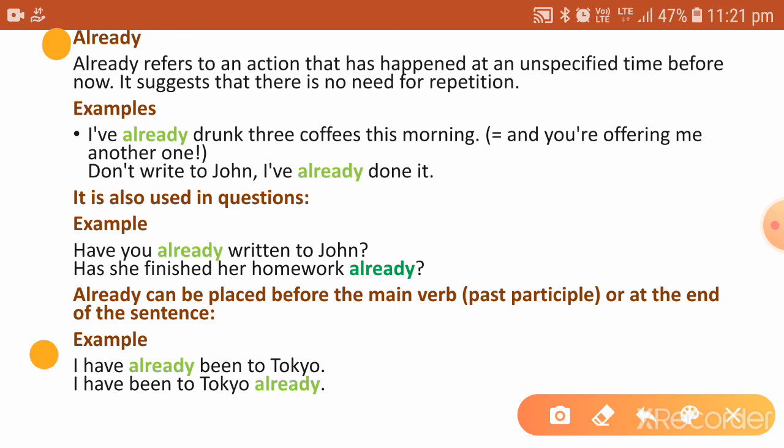If you use already after the helping verb, it gives a superb expression in that sentence. But if you want to use it at the end of the sentence, we can't say it's wrong, but the impact of this word will be slightly less.